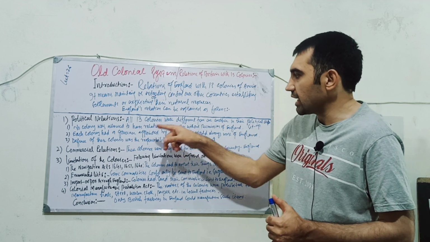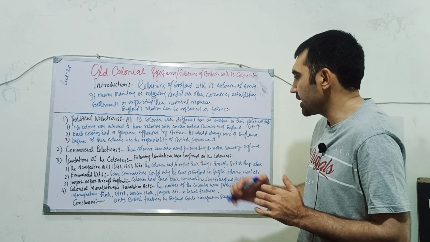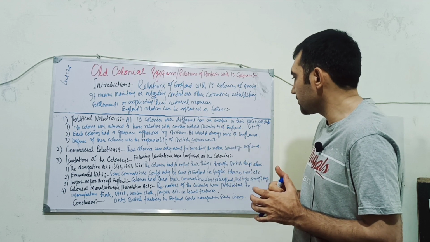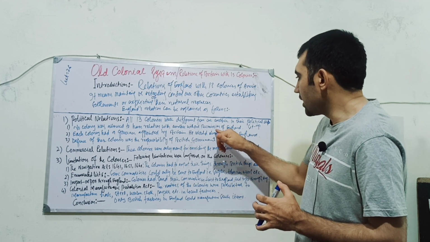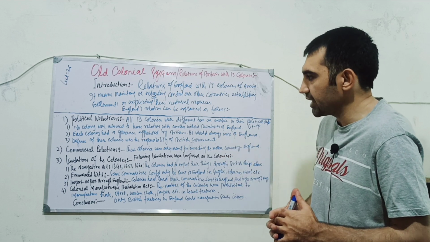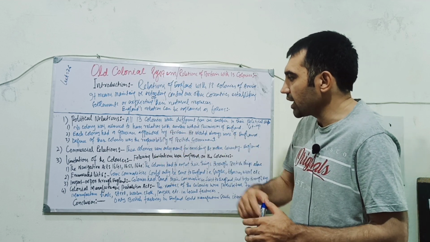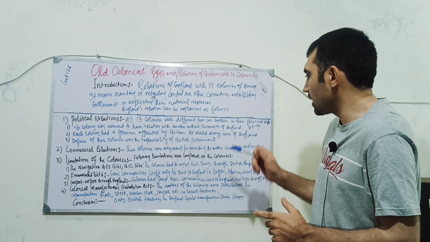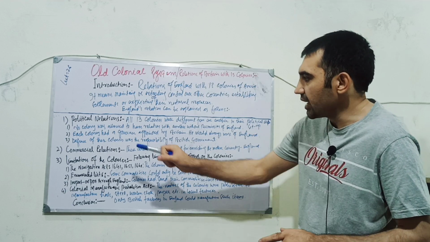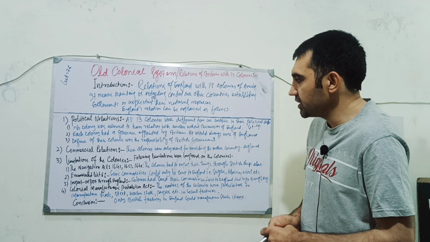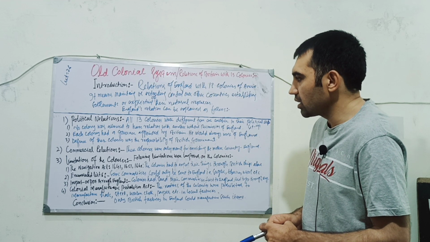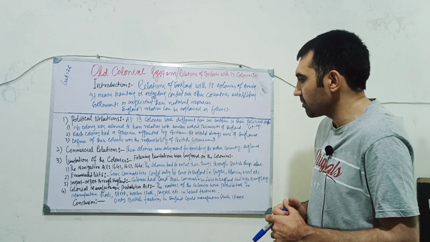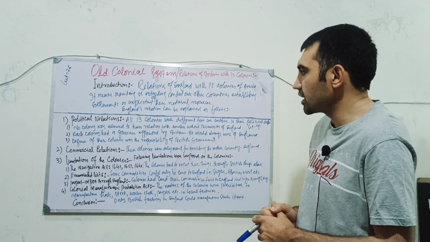No colony was allowed to have relation with another without permission of England. Each colony had a governor appointed by Britain. He would always work for England, and defense of these colonies was the responsibility of the British government.